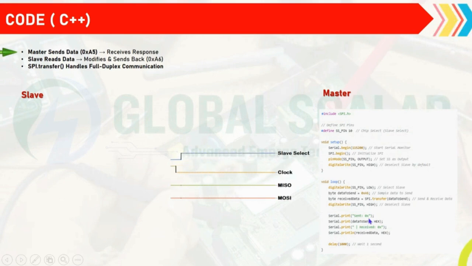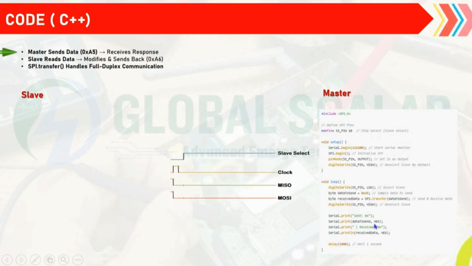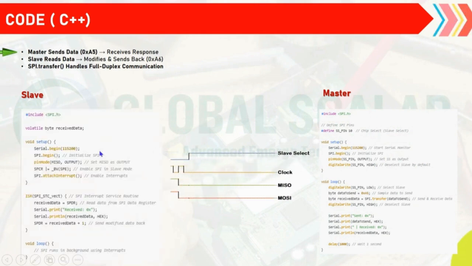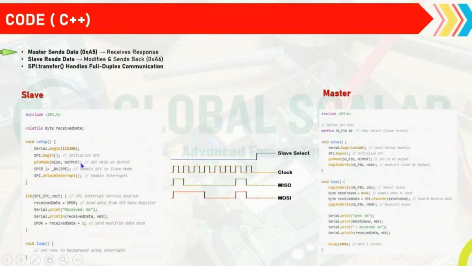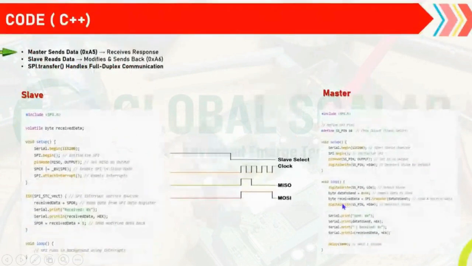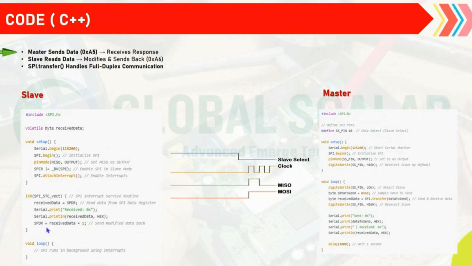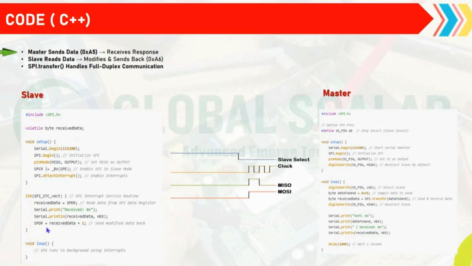The sending of the data will be 0x, and we have some wait conditions. Once we send the data, the slave will receive the data. Here you can see we initialize the SPI, and we have the interrupt routine, so we are reading the data from the SPI register. Here we are sending, and here we are receiving the data. So this is the simple code showing how master and slave work, and how the data should be configured in the programming.